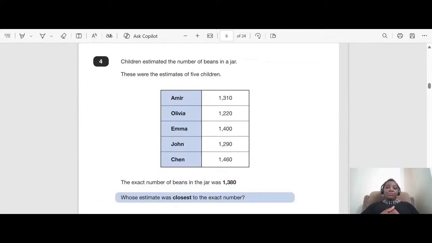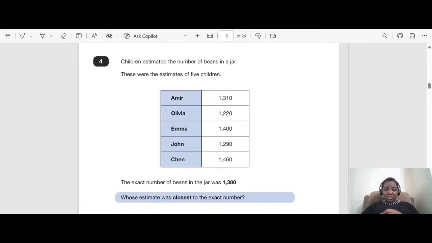Question number 4. Children estimated the number of beans in a jar. These were the estimates of 5 children. Amir gave an estimate of 1,310. Olivia gave an estimate of 1,220. Emma gave an estimate of 1,400. John gave an estimate of 1,290.